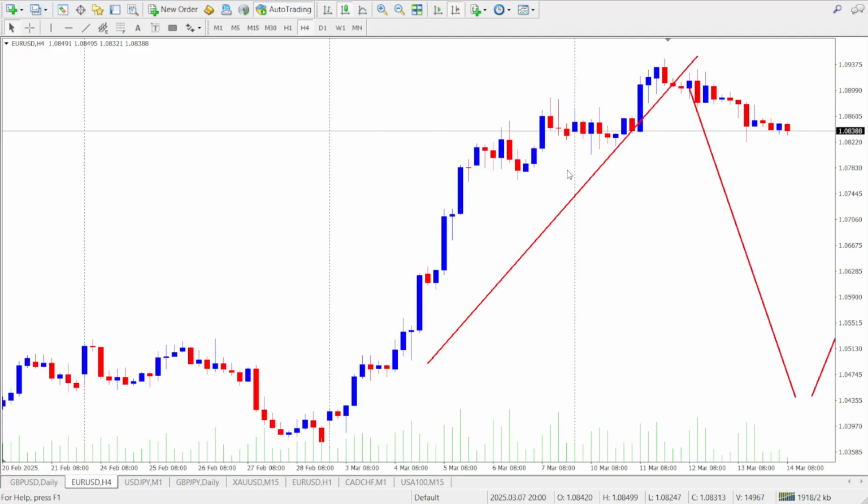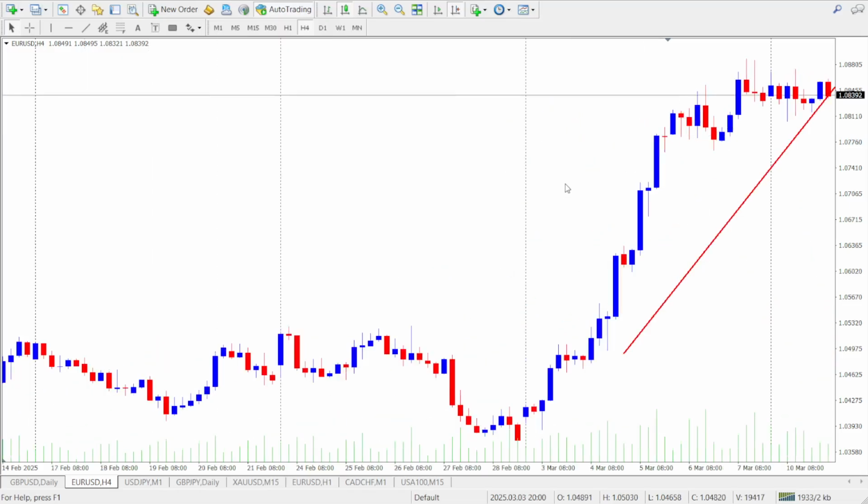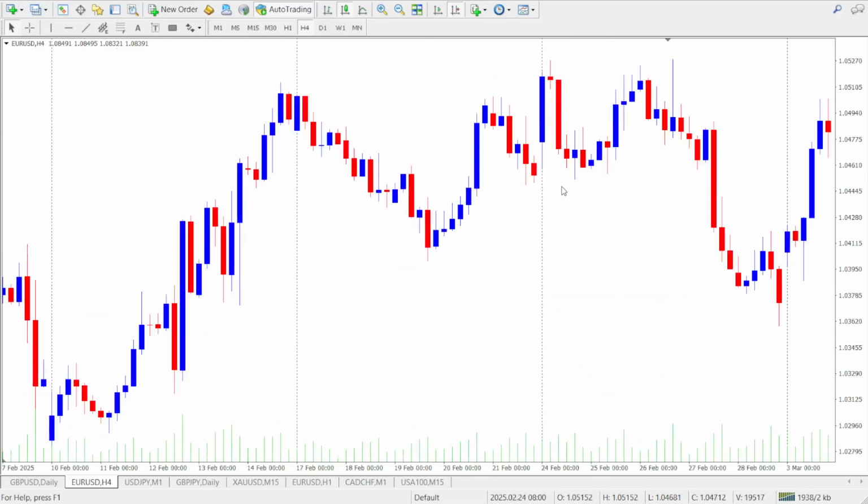Unlike continuation patterns, which suggest a trend will keep going, trend reversal patterns indicate a possible change in direction. Learning how to recognize them early can help you avoid bad trades and improve your market timing.